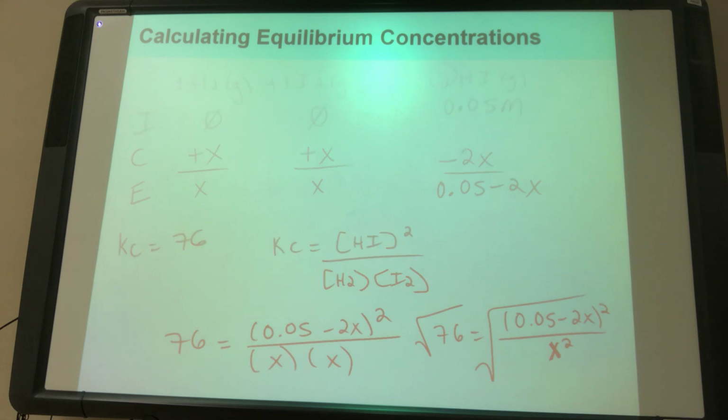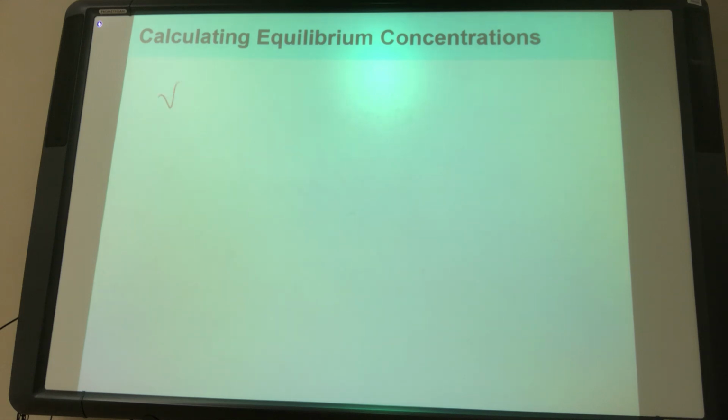All right. So on this side, it was the square root of 76. I'm just copying it over so that you can see what we had. Okay. The square root of 76 is 8.718. On this side, when we take the square root when there is a variable, it ends up being plus or minus.